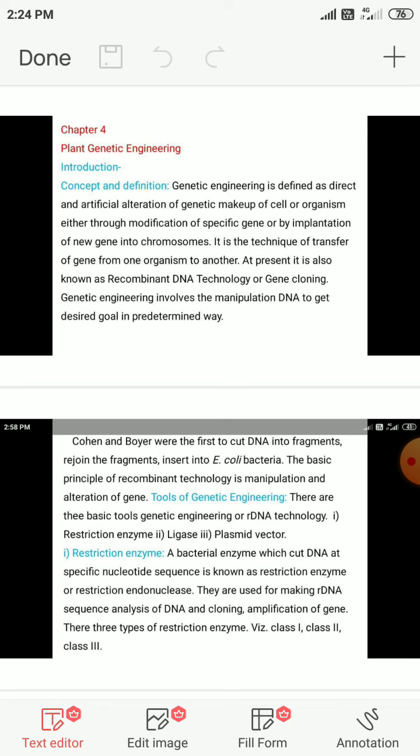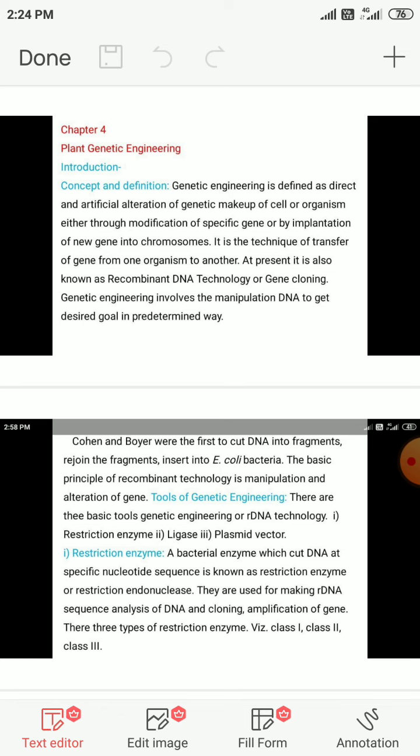Genetic engineering is defined as the direct and artificial alteration of the genetic makeup of a cell or organism, either through modification of a specific gene or by implantation of a new gene into the chromosomes. It means that the genetic scenario is changed with the help of genetic engineering.